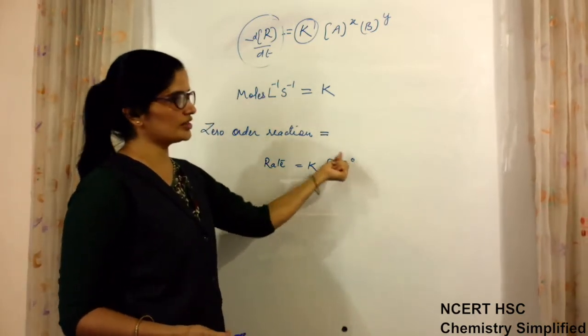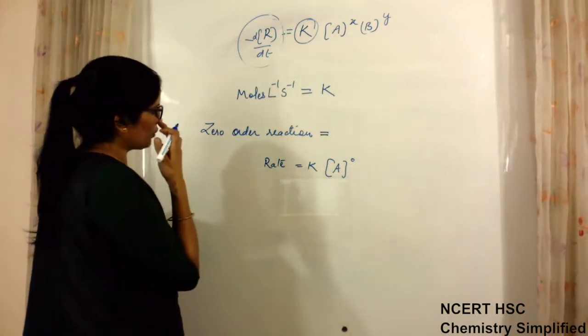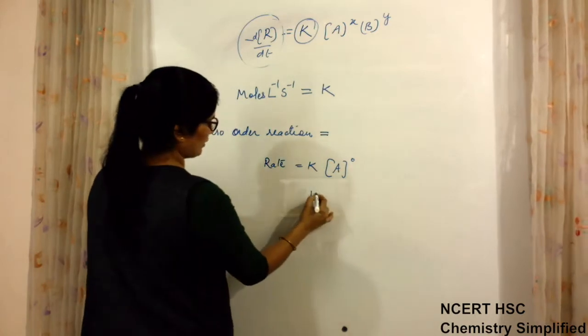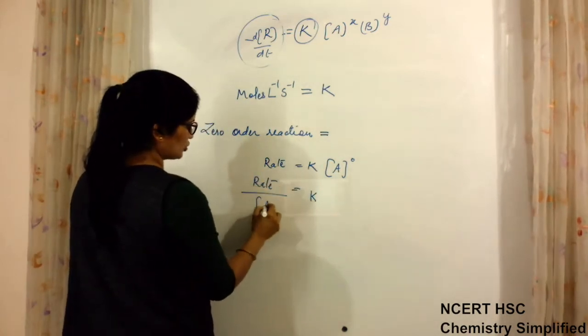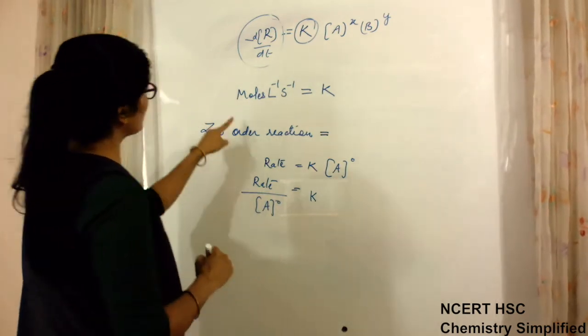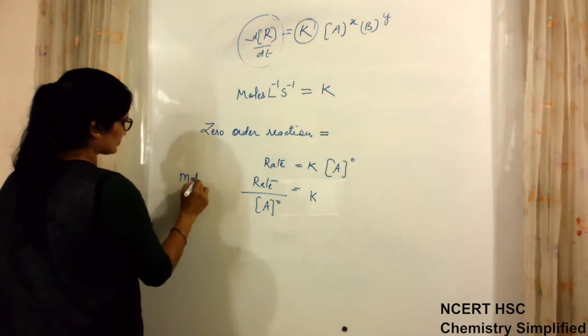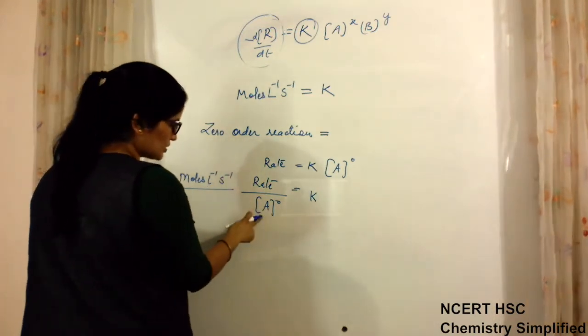That means its concentration does not affect the rate of reaction. Now if I want to write the unit for it, then k will be equal to rate upon concentration of a raised to power 0. The rate unit is moles, liter inverse, second inverse, and this is concentration.